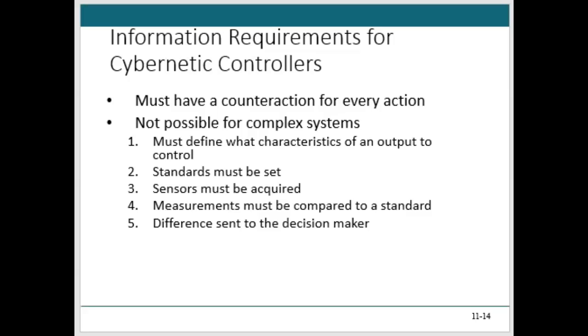So perhaps the most difficult task in creating the cybernetic control system is setting the standard that you want to look for. These standards are a common subject when negotiating between interested parties, between me and a vendor perhaps, right? And so we're looking for a critical ratio, which we'll talk about shortly, and earned value analysis, which we've already addressed, and they can both be parts of cybernetic control.